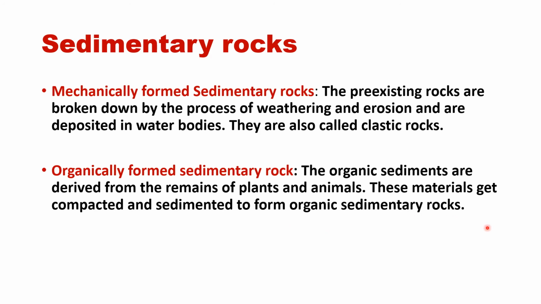Organic means related to plants and animals and human beings. Organic sediments are derived from the remains of plants and animals. These materials get compacted and sedimented to form organic sedimentary rocks. You know how vitally important it is. It is because of these remains that we are able to get petroleum and natural gas.